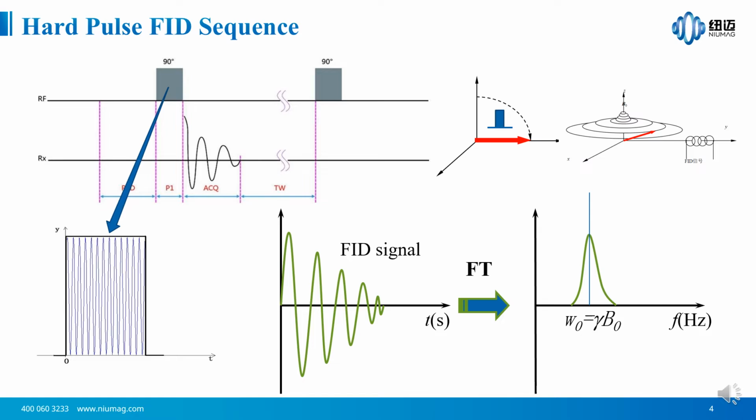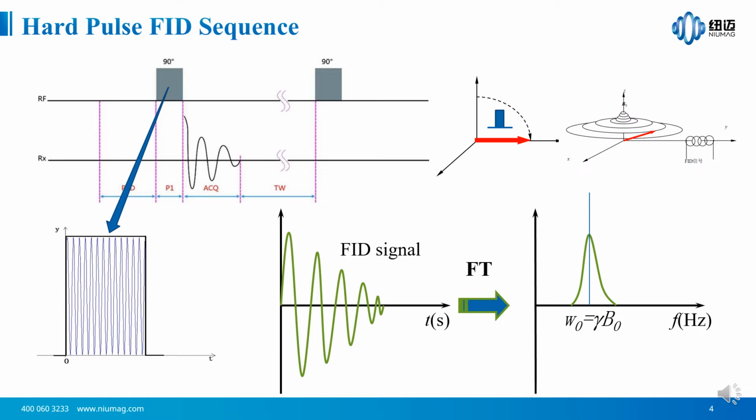And after p1, at this position, we turn off the RF pulse. At this point, the RF pulse ends. As we explained before, the magnetization vector after the deflection returns to its previous state.